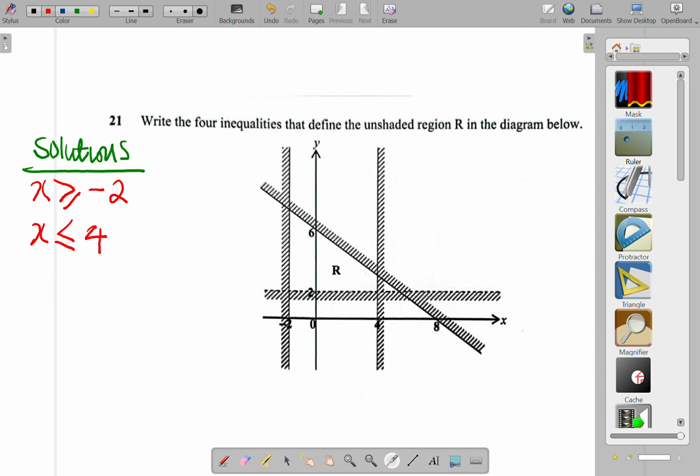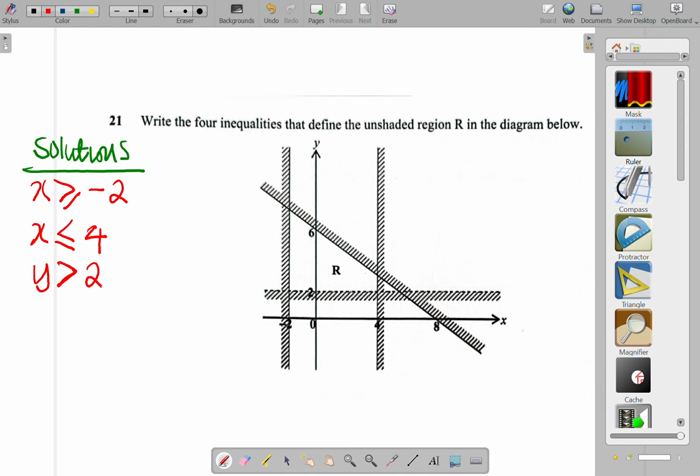You find that R is found on the upper side, meaning y is greater. So we're going to say y is greater than 2. Why are we saying y is greater than 2? Take note of the line. The line there is dotted.